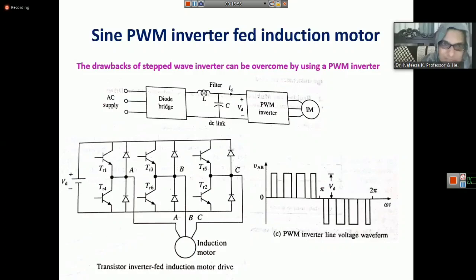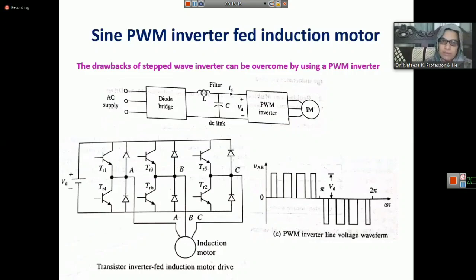That is the Sine PWM inverter fed induction motor. We have already seen the drawbacks of the previous square wave inverter output system, and these drawbacks can be overcome by using a PWM inverter.